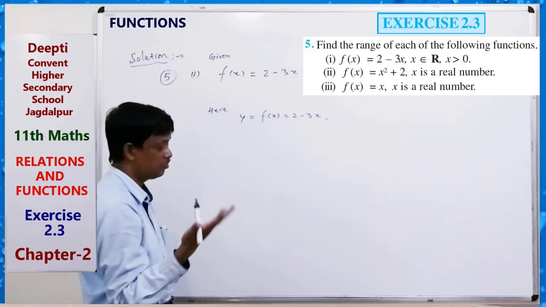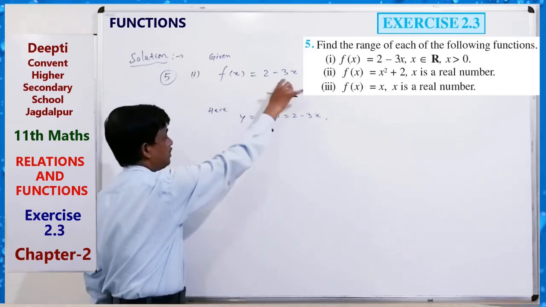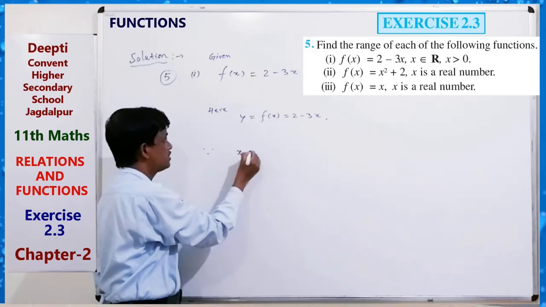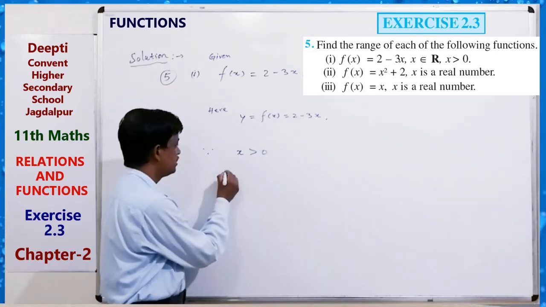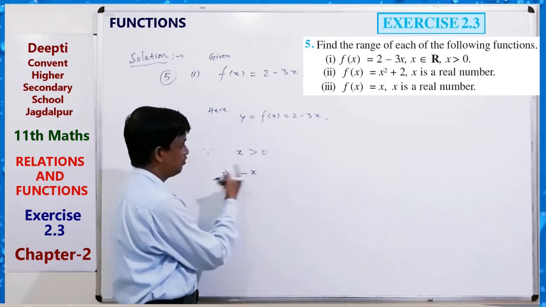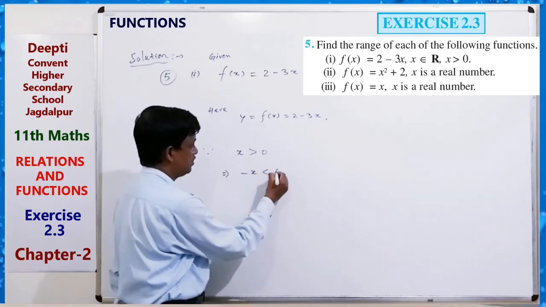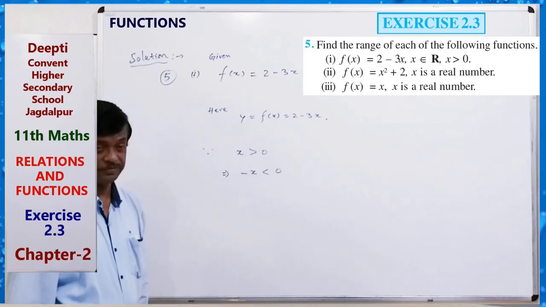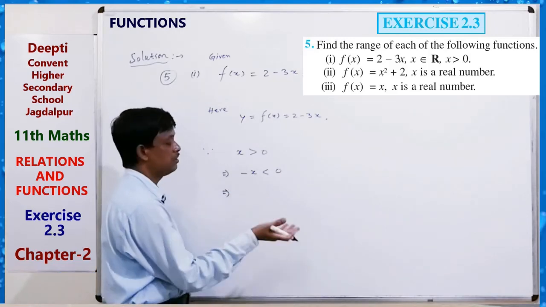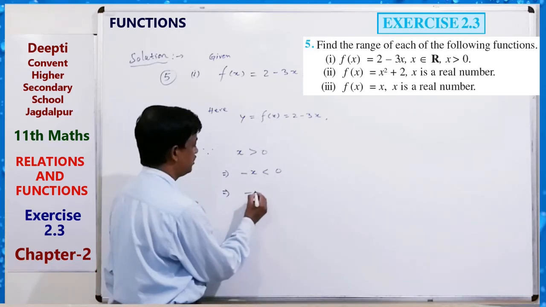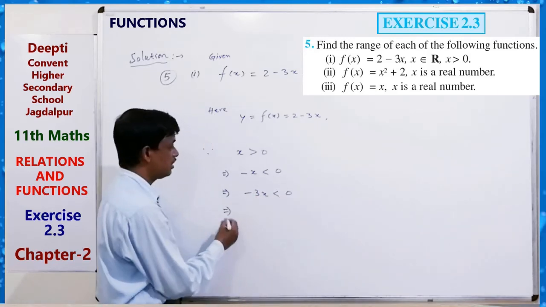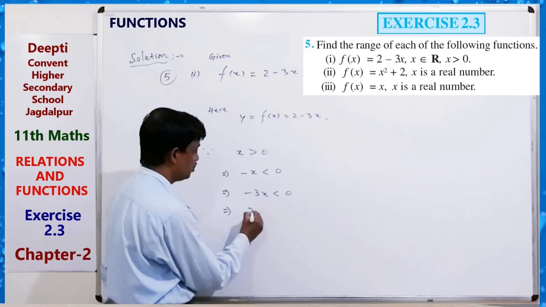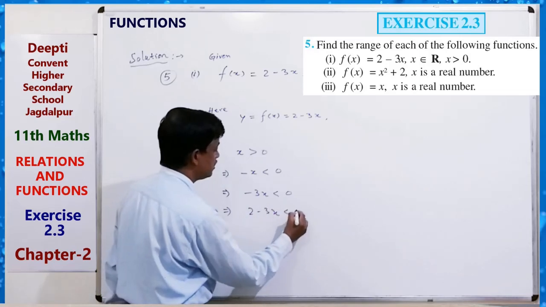Since x is greater than 0, if we multiply by minus 3, the inequality flips: minus 3x is less than 0. We can also add 2 on both sides, so 2 minus 3x is less than 2.